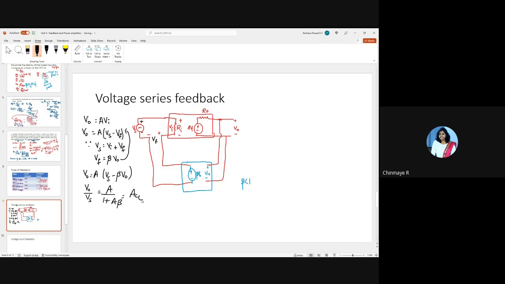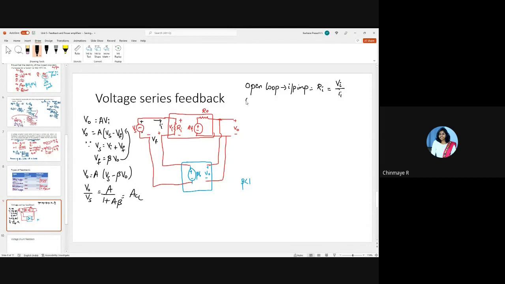Now let us see what happens to the input impedance and output impedance of the closed loop amplifier. This open loop amplifier will have an input impedance equal to Ri. If Ii is the current flowing through this, then I can write Ri is equal to Vi by Ii.